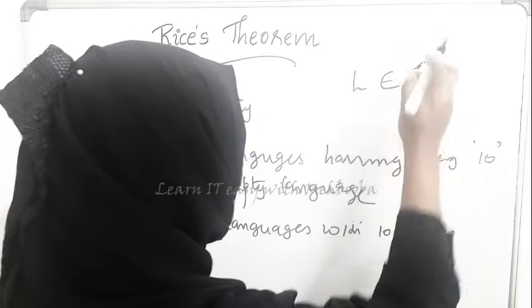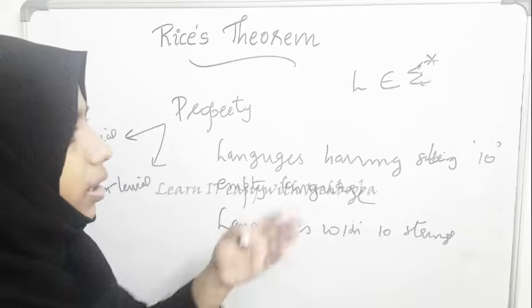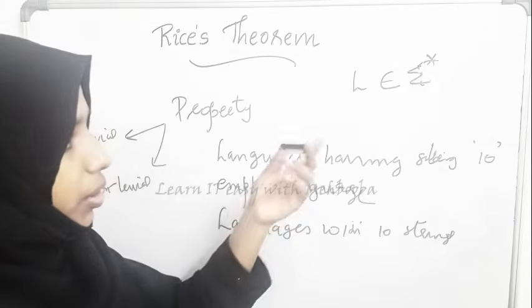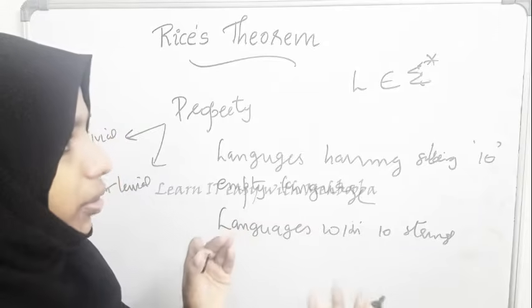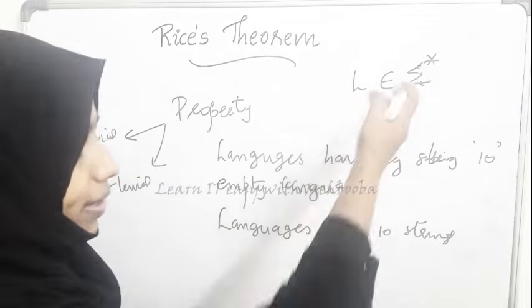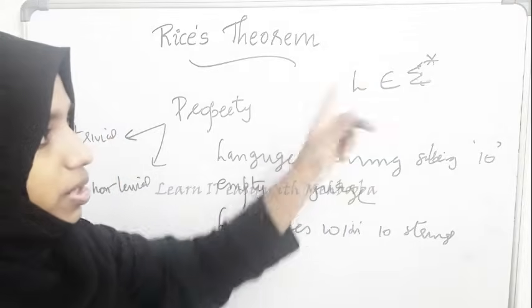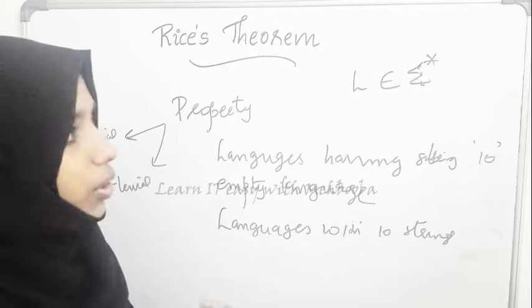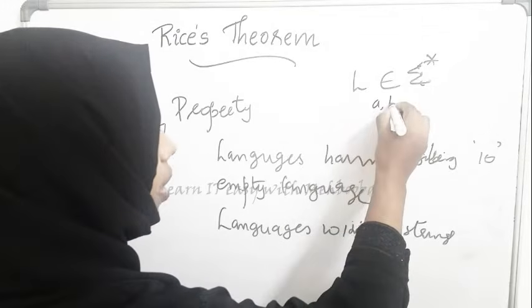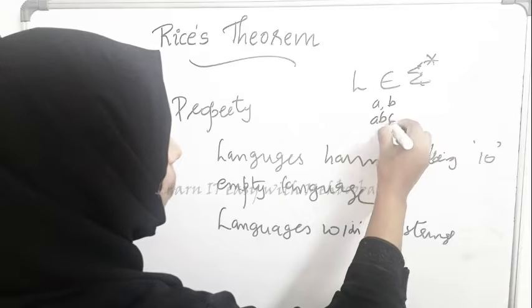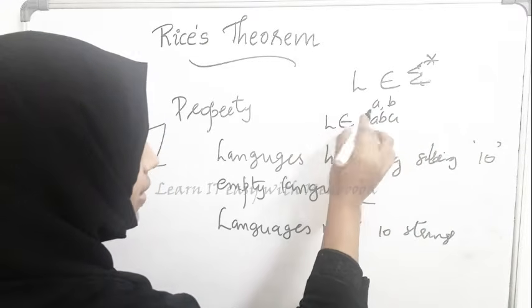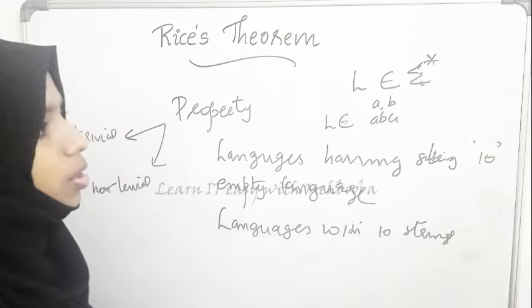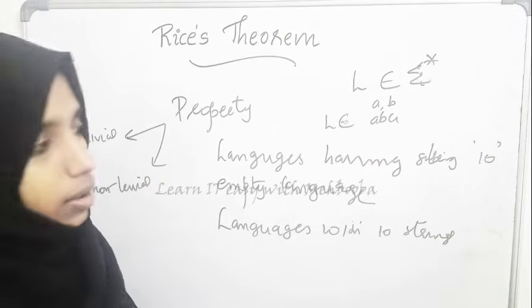That is, we are creating the language from the strings obtained by different combinations of symbols in the alphabet, isn't it? For example, if A comma B are present in the alphabet, some combination of A comma B will be taken as the language. So that's a trivial property, isn't it?